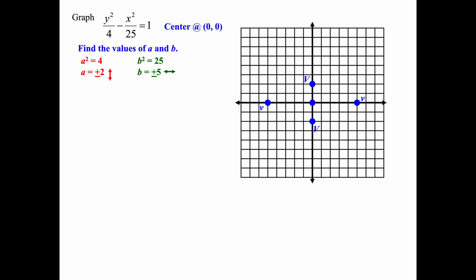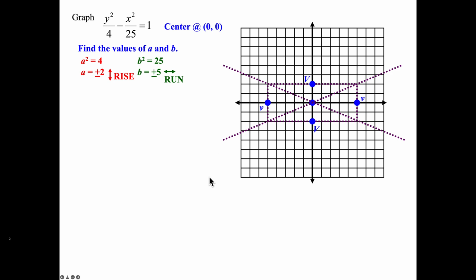And again, you build that rectangular box. Draw in the diagonals. Again, rise plus or minus 2 over 5. So from each corner, up 2 to the right 5, up 2 to the left 5, down 2, left 5, down 2, right 5.